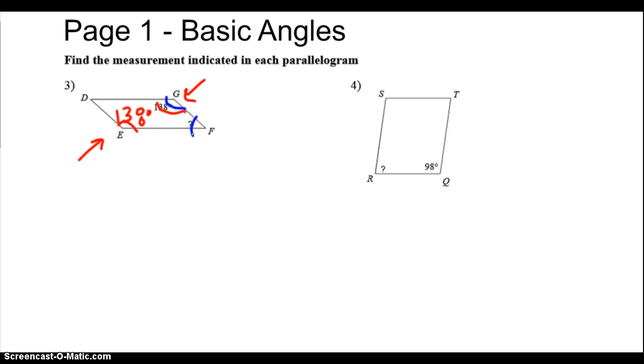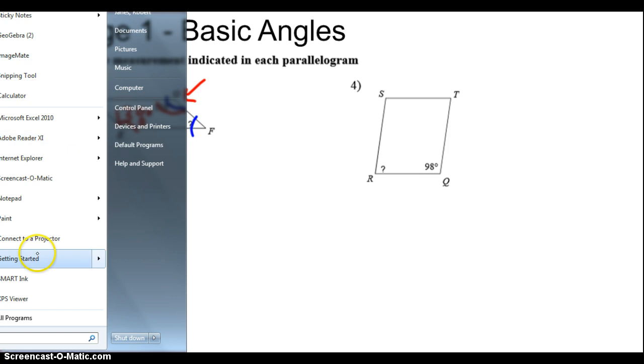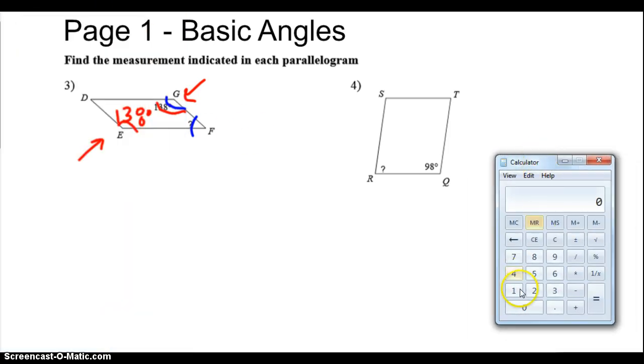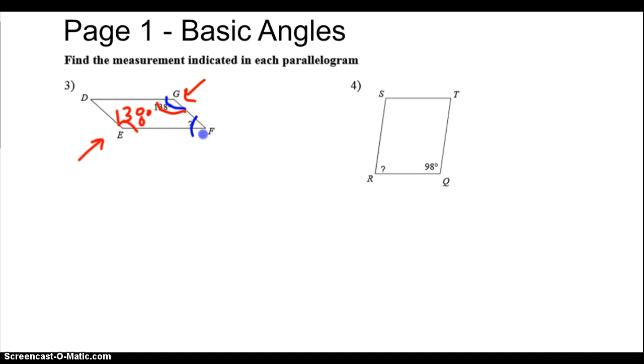They're supplementary. So if that's 138, we take our calculator, 180 minus 138. That's going to be 42. And D would be 42 as well.